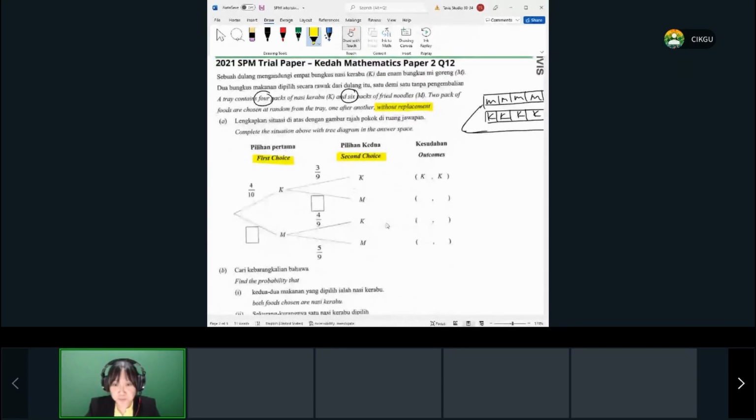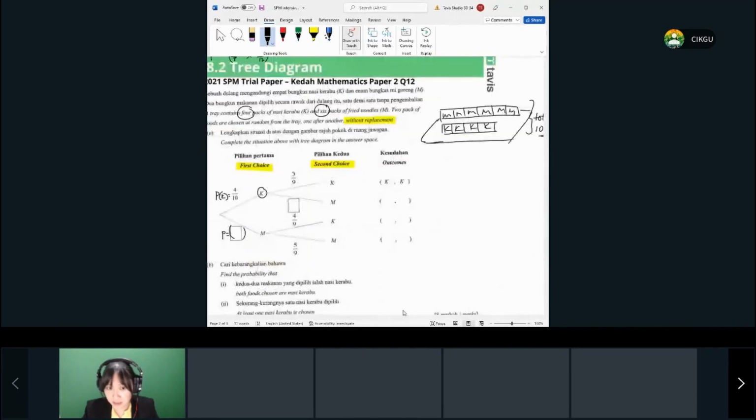So let's try to fill up the branches. What does the number on the branches mean? This is the probability. For example, what does this 4/10 mean? It means, for the first pick from the tray, what is the probability of picking a kerabu? This 4/10 is the probability of picking a kerabu at the first choice. Is it 4/10?